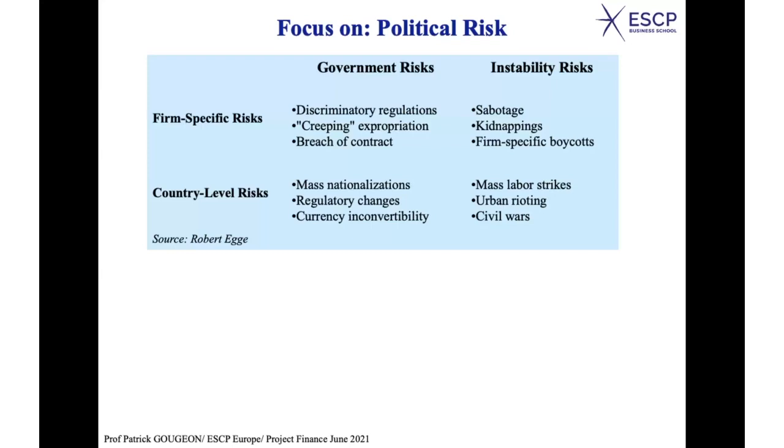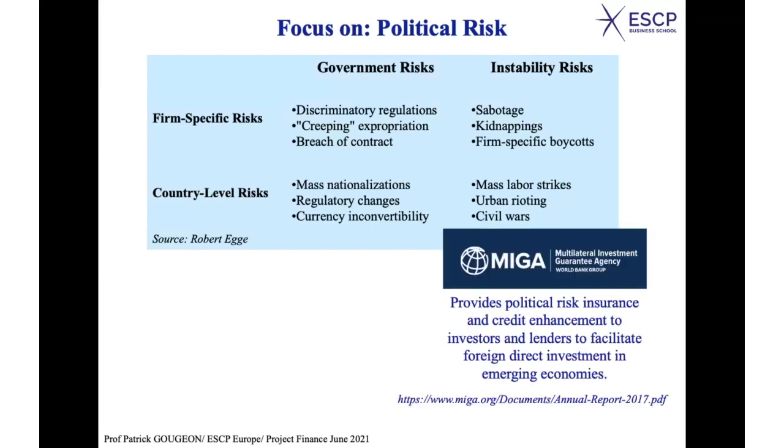The answer is yes. Again, you have insurance, particularly for investment in emerging countries and rather unstable emerging countries. You have MIGA, which is a subsidiary of the World Bank. The Multilateral Investment Guarantee Agency provides political risk insurance and credit enhancement. You remember what credit enhancement means?